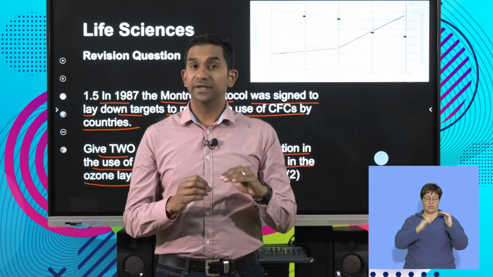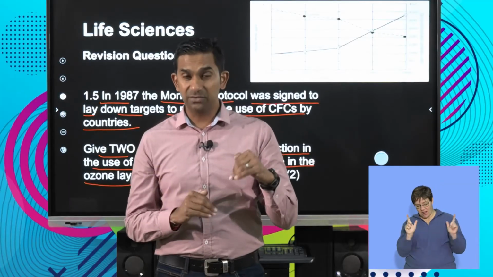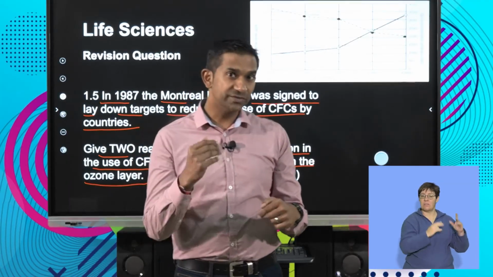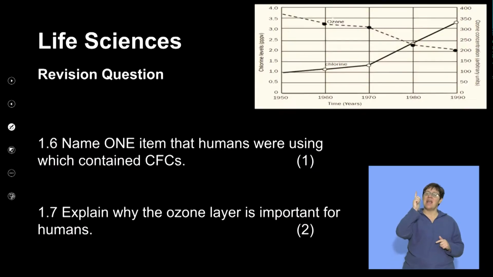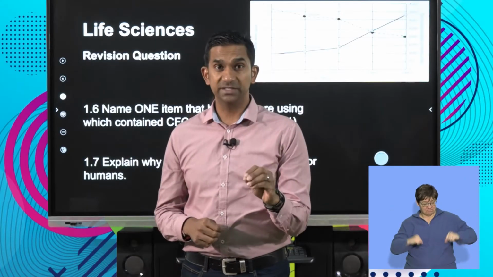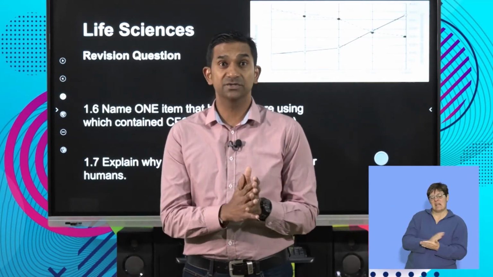However, they realized that by reducing it, the impact was not immediate. And the reasons behind this were several. One of the reasons was that the countries that had undertaken to do that had not fully committed, so they were still producing significant amounts of CFCs.